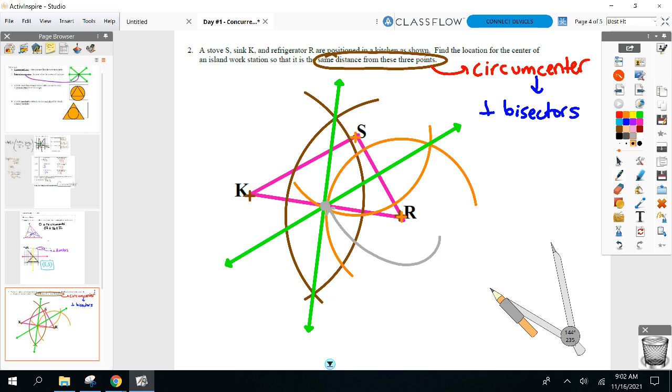That is where I should be putting my island. So it is equidistant away from the sink, stove, and refrigerator.